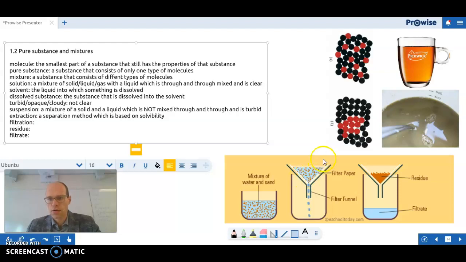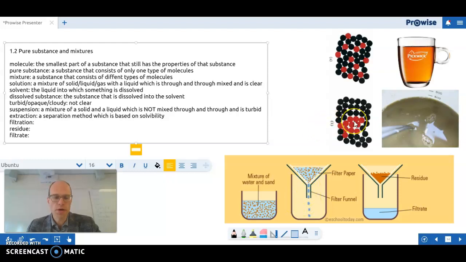And then the grinded coffee, those are the big chunks, and they cannot go through the holes in the filter paper, so they're left behind. And the molecules themselves, they can go through it, and it doesn't really matter how big the molecule is, it's that they are separate, and these are lots of molecules together, so it's a big chunk. So the big chunks can't go through, the single separate molecules can go through. And then you separate it as well.